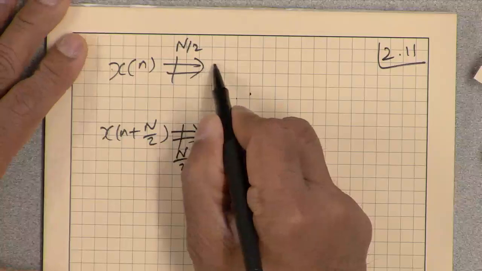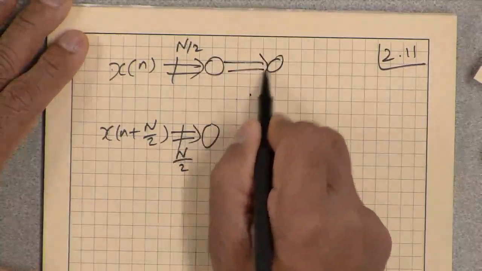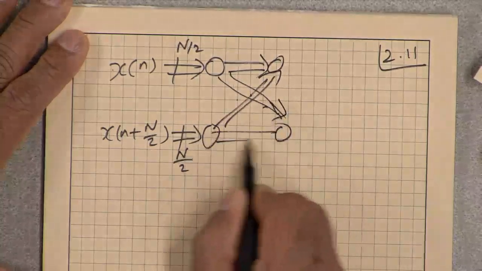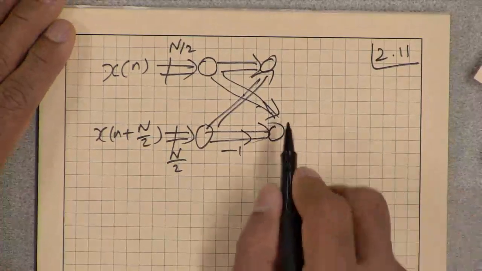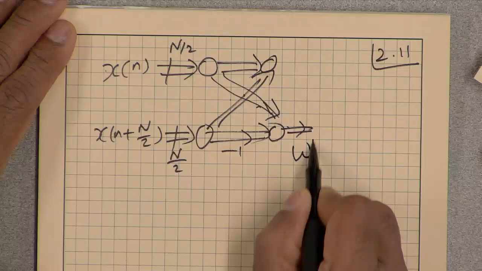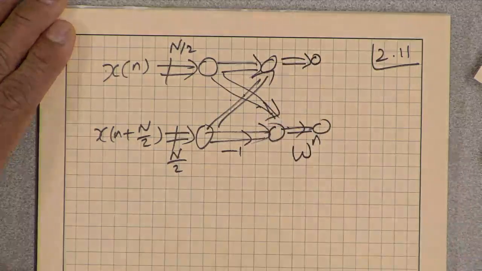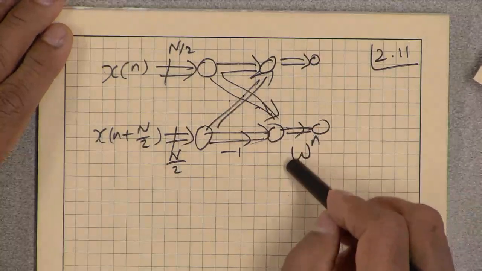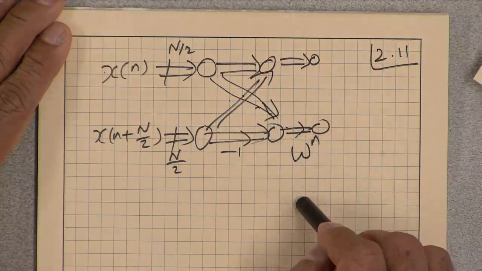And then you do a butterfly of that, this whole large butterfly. By the way, the butterfly is minus 1 here. Okay, and then we multiply these by W to the power n. So when N by 2 things come out, we multiply by W to the power 0, W to the power 1, W to the power 2, etc.